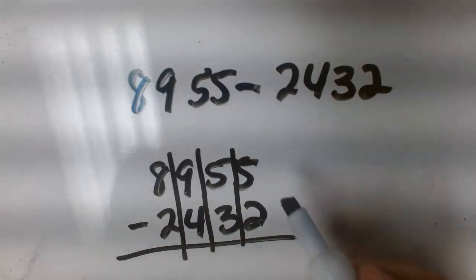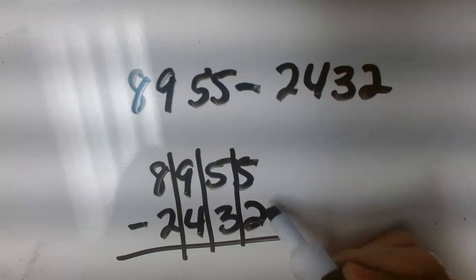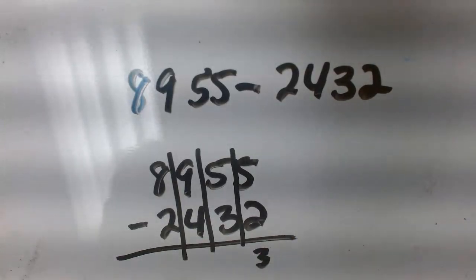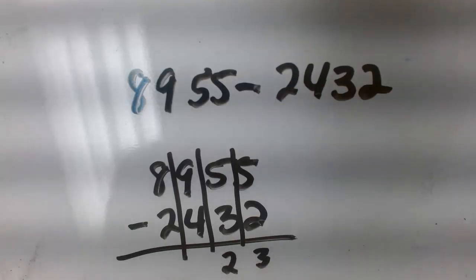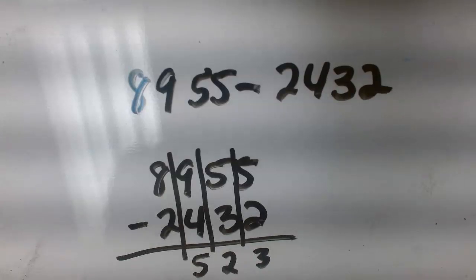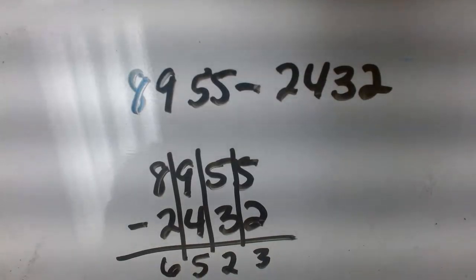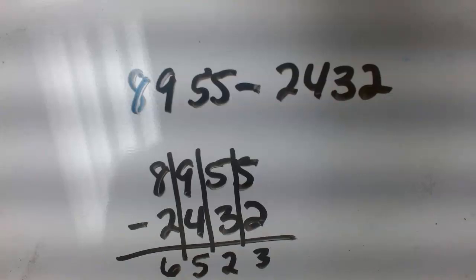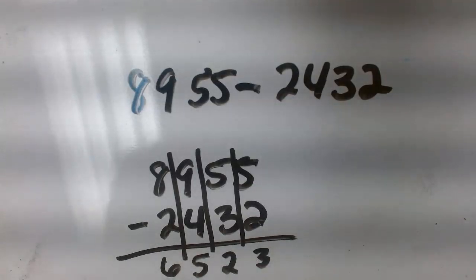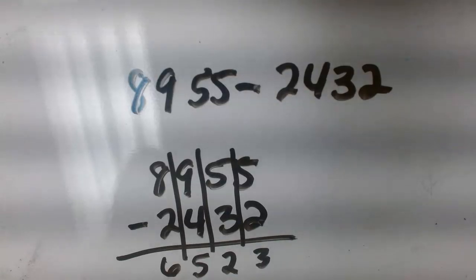So now we can subtract the bottom from the top. 5 minus 2 is 3. 5 minus 3 is 2. 9 minus 4 is 5. 8 minus 2 equals 6. That is your answer. So your subtrahend plus the difference equals the minuend in this case.